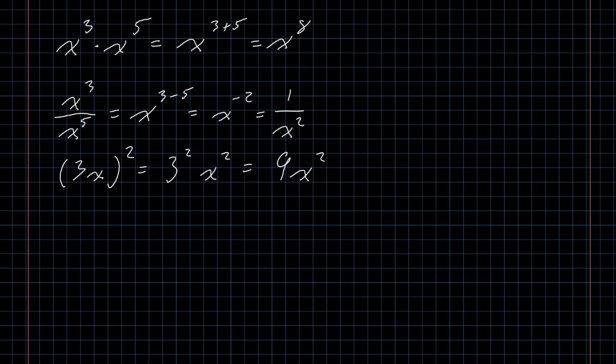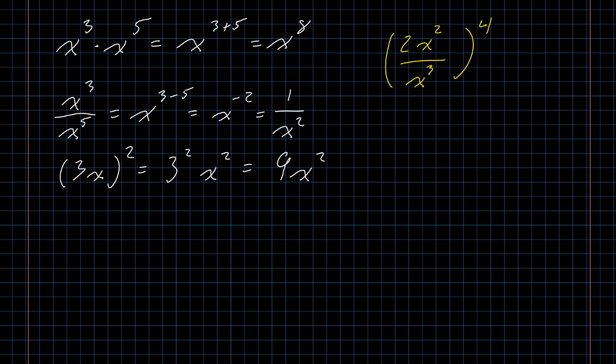And you can combine all of these rules into one expression if you need to. So if I have 2x squared over x cubed, the whole thing raised to the 4th power.